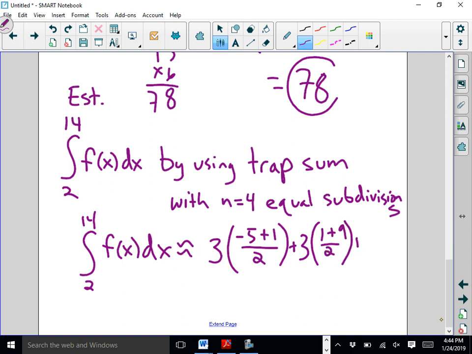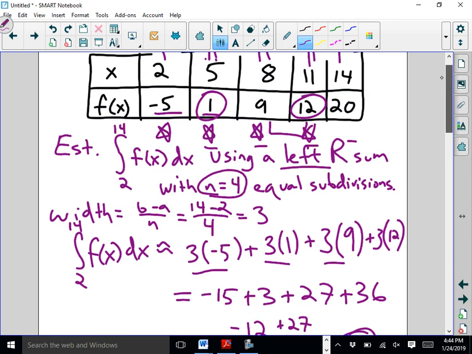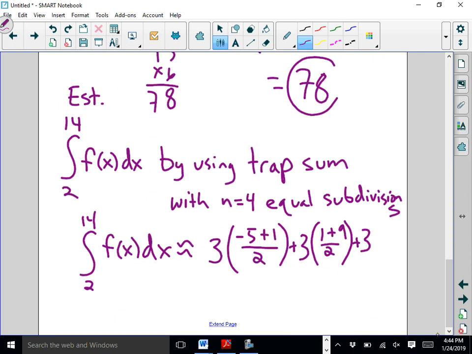My next average is going to be 9 and 12. Plus one more. Unfortunately, I couldn't fit it in the same line. My last one is going to be 3 times the average of the heights, which those ones are 12 and 20.